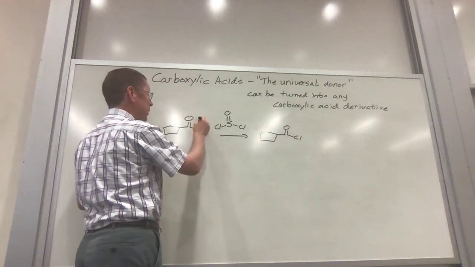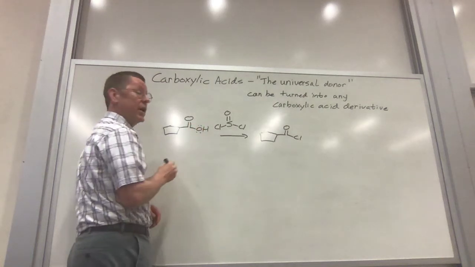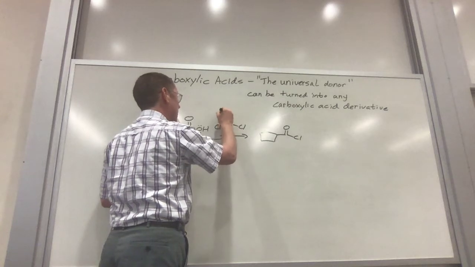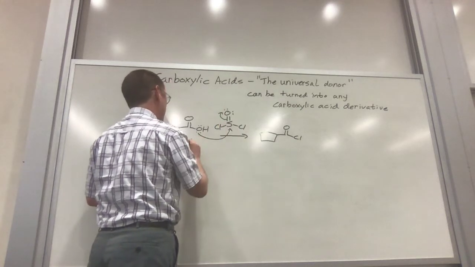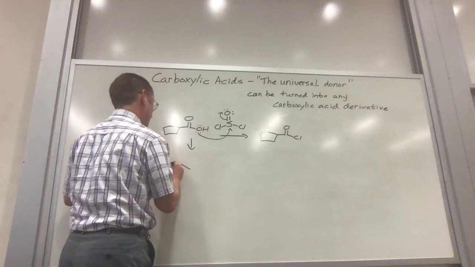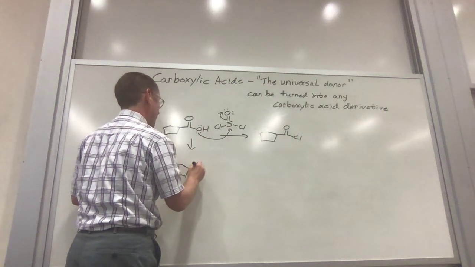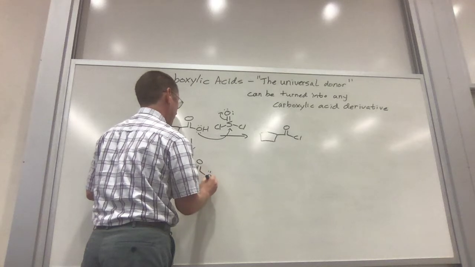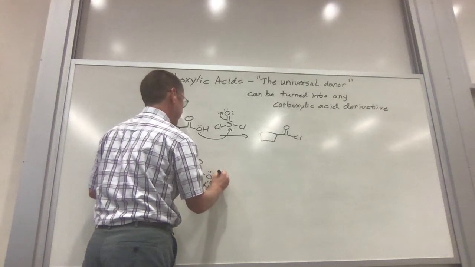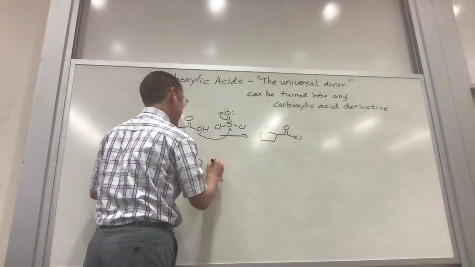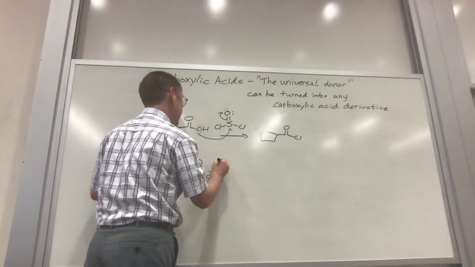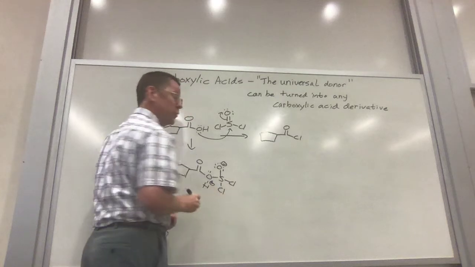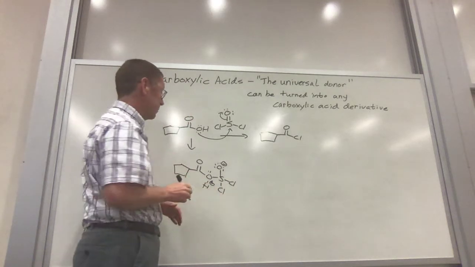In this reaction, we'll actually use the lone pairs on our oxygen to add into the sulfur and form something that's kind of like a tetrahedral intermediate, except that it's on sulfur, which makes it a little different.